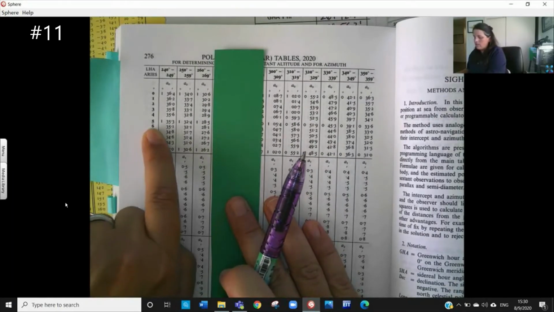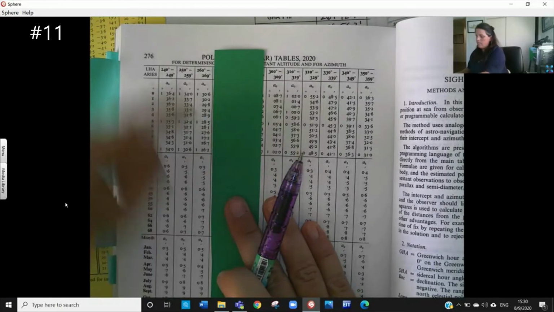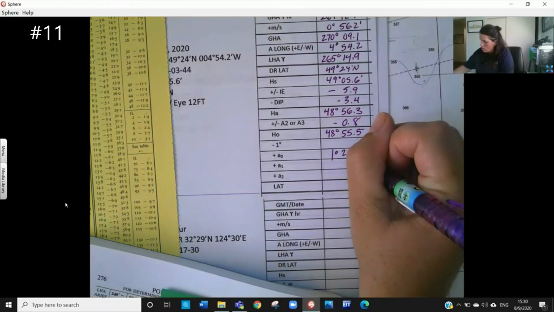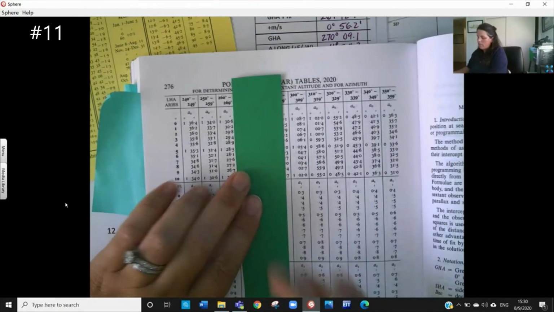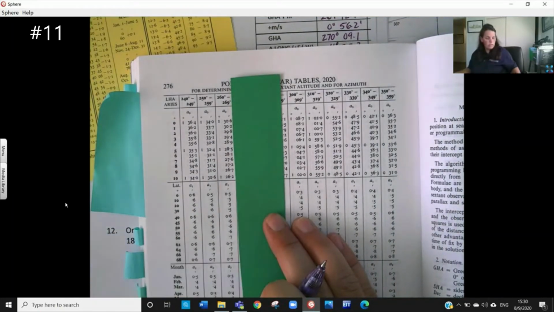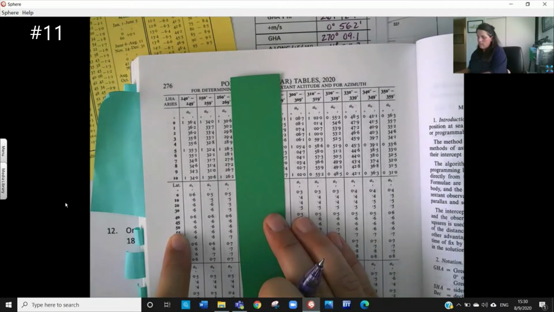So I'm going to find the 265, and I get 1 degree, 28.5 minutes. Staying in the same column for A1, our latitude was about 49 degrees north, so I'm going to say approximately 50. Our correction would be 0.6.